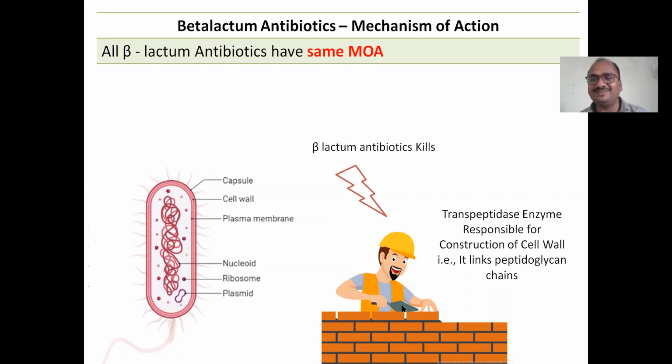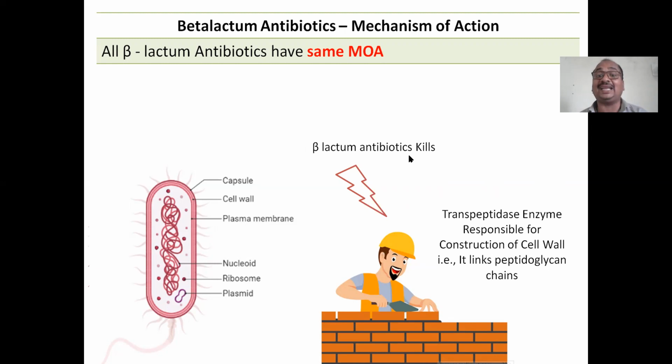It works like this fellow. This enzyme is responsible for the construction of the cell wall in the bacteria. The bacterial cell wall is made up of peptidoglycan chains. Keep in your mind, transpeptidase is the enzyme and peptidoglycans are the bricks.